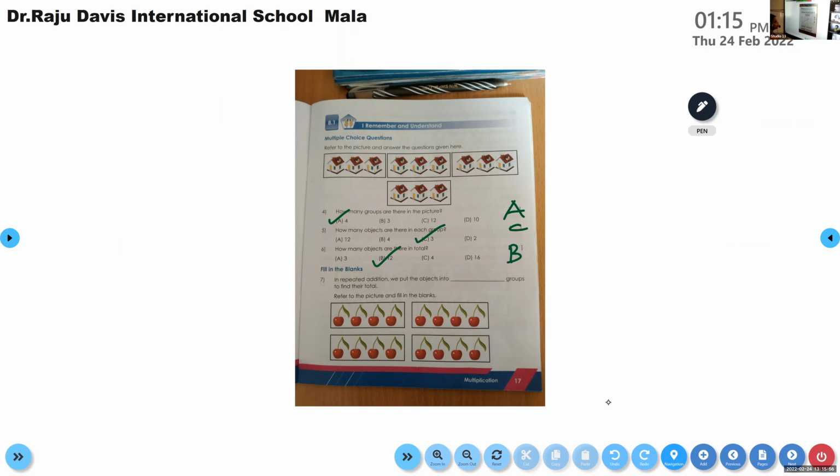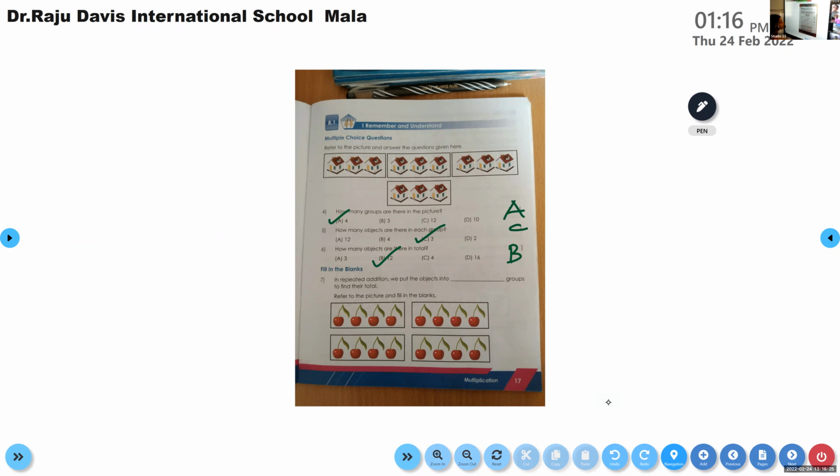Now fill in the blanks. Question number 7. In repeated addition, we put the objects into dash groups to find their total. What's the answer, Megdarsh?